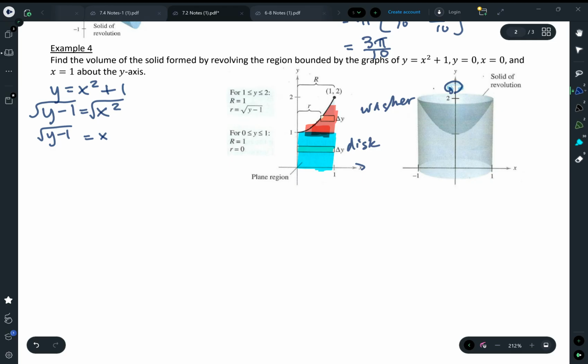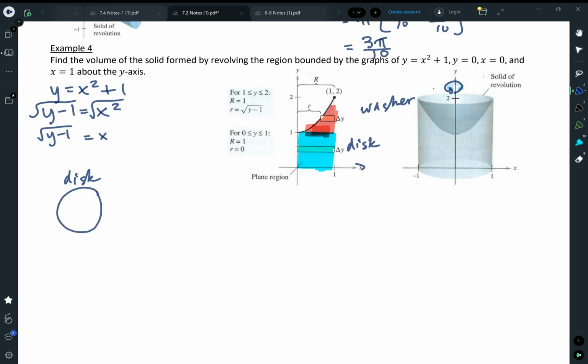I want to be thinking about what my radius is. Remember, I'm not going along x, I'm going along y. So this is going to be my radius. And we know that this line over here, x equals 1, is 1 unit away from my y-axis. So my radius here is just going to be 1 all the time.